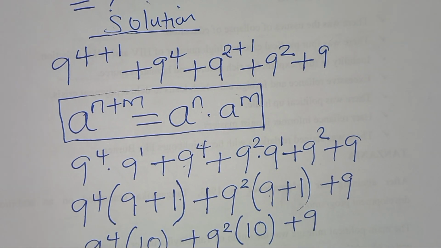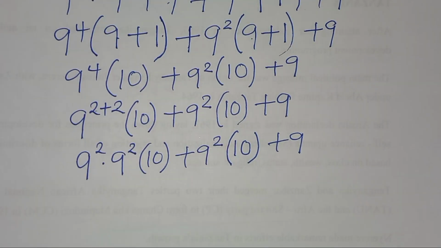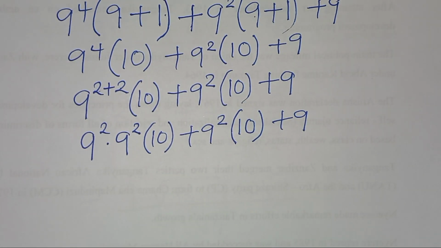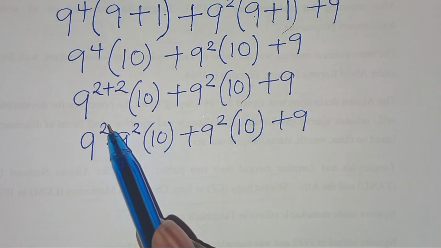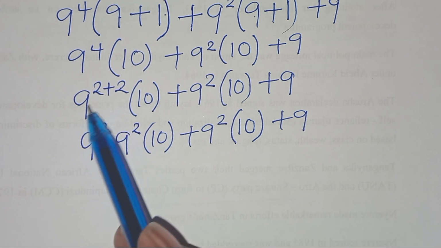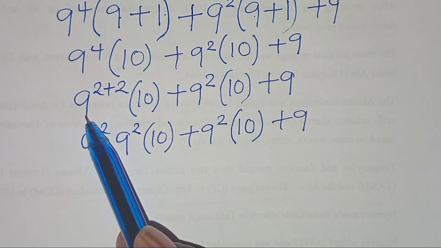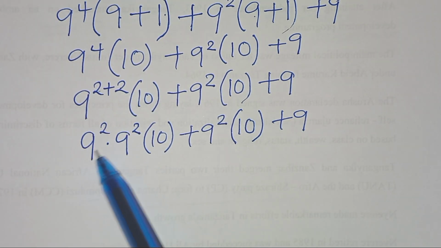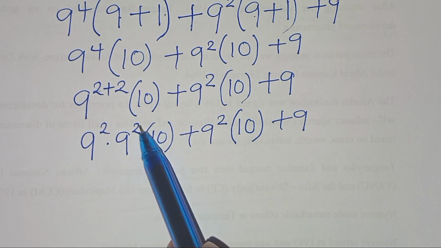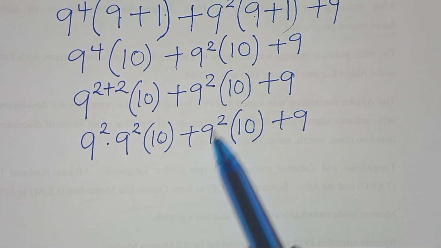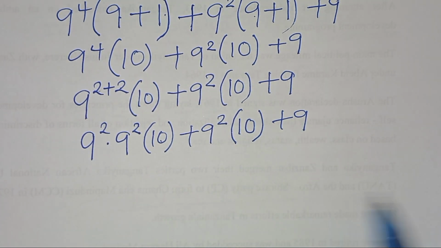Now, the next step from here, we have 9 to power 2 times 9 to power 2. Remember, we have transformed from here. This is 9 to power 2 plus 2, which is the same thing as 9 to power 2 times 9 to power 2 times 10 plus 9 to power 2 multiplying by 10 plus 9.